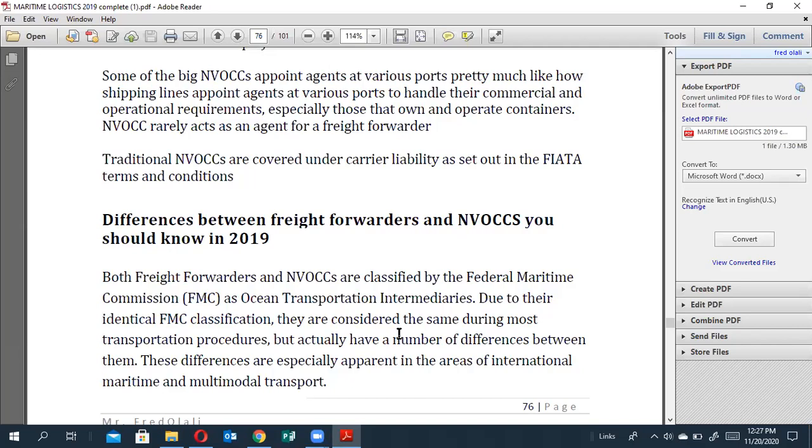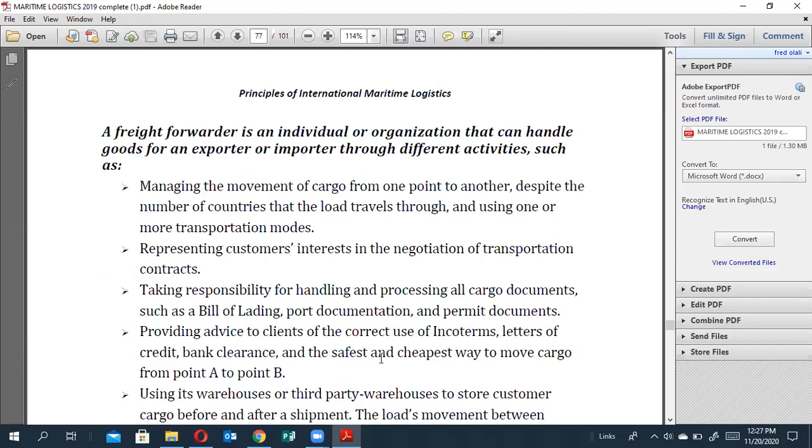Due to this identical FMC classification, they are considered the same during most transportation procedures, but actually have a number of differences between them. These differences are especially apparent in the areas of international and multimodal transport. So what are these differences?